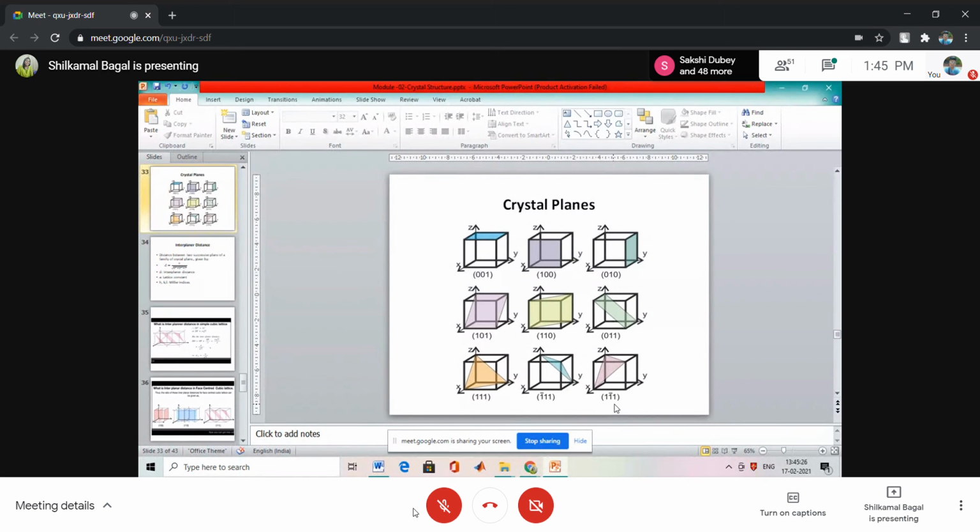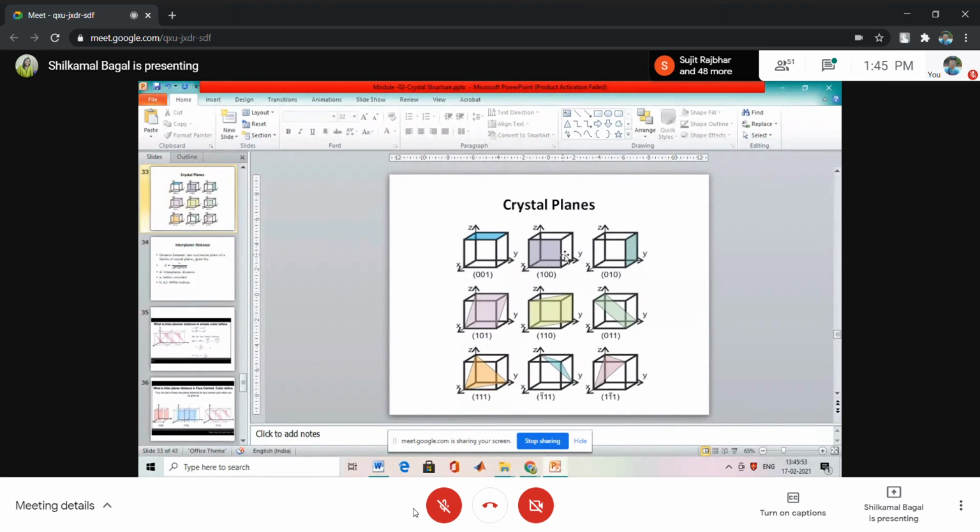Now see 1 bar 1 1. So x, y, z: along x 1 unit, along y 1 unit, this will continue next, and along c is 1 unit. The negative index one we will do offline, so you will get a clear idea on the blackboard, how to draw that.